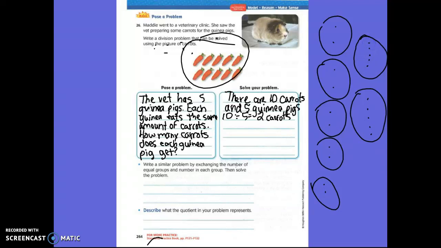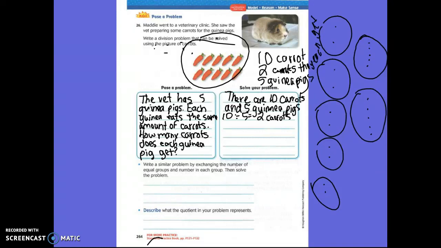Okay, so now we need to make a problem, but instead having 2 and 5. So we have to basically kind of ask a different question. Instead of having 10 divided by 5, this time we're going to be doing 10 divided by 2. Okay, so what can we say?